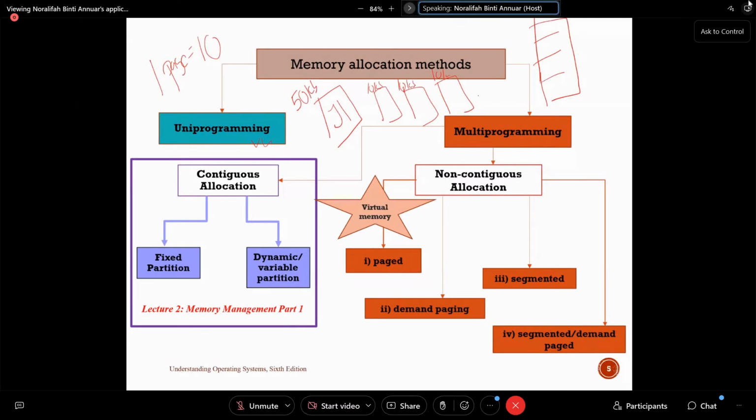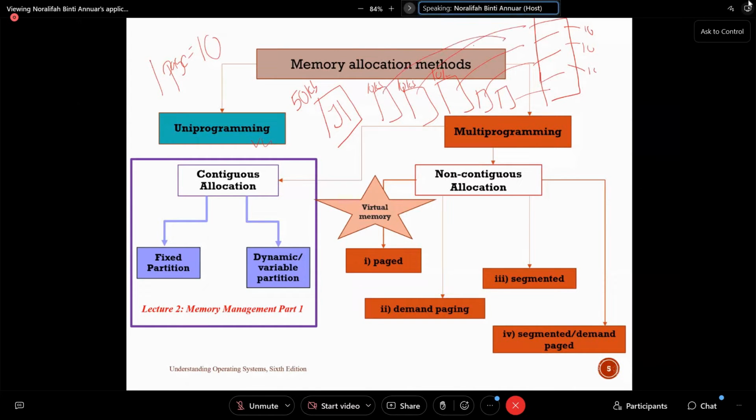Simple method, you have 5 pages: 1, 2, 3, 4, 5. So this job can be loaded anywhere inside the RAM. It can go here, it can go here, as long as it fits the size.